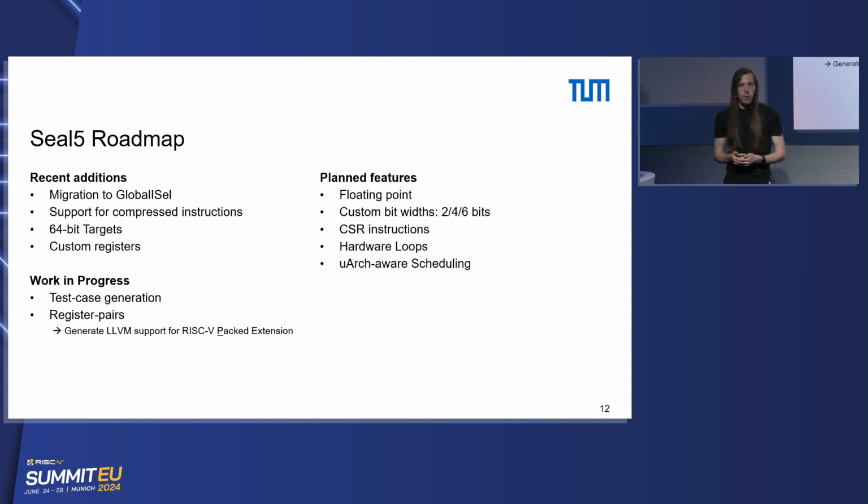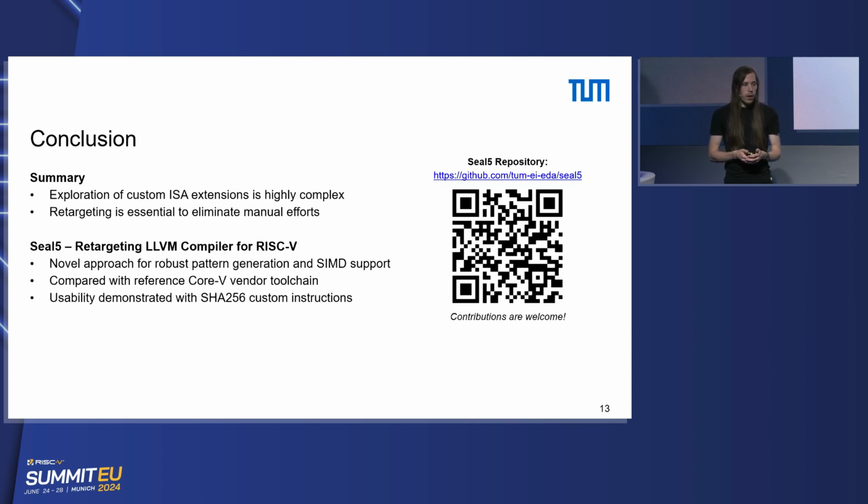Later, we will also be looking into supporting more data types like floating point and custom integer data types, as well as, for example, microarchitectural scheduling. In my talk, I have explained that the exploration of custom ISA extensions is a highly complex iterative process, and especially automated retargeting is essential to eliminate all manual efforts.